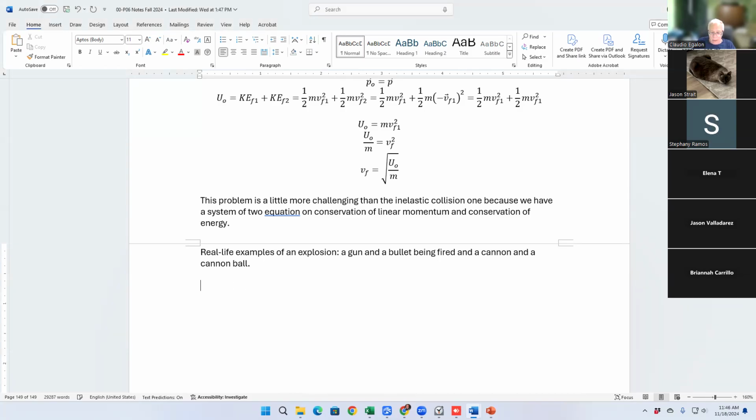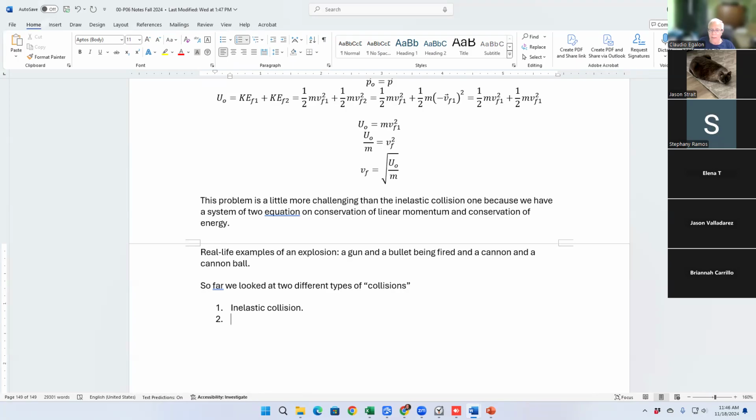So here you go. So far, we looked at 2 different types of collisions. I'm going to put collisions between quotes, okay? The first one is inelastic collision.